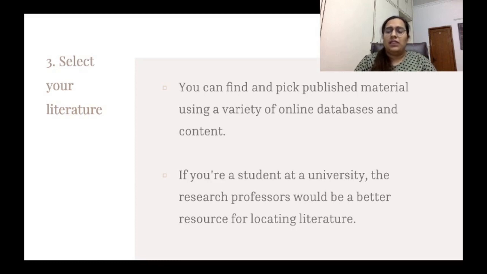Google Scholar is the best database for publications, books, PDF files, PDF journals and conference papers, and the content quality is very good. So try to use Google Scholar for your database collection.